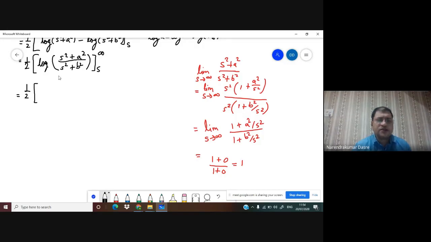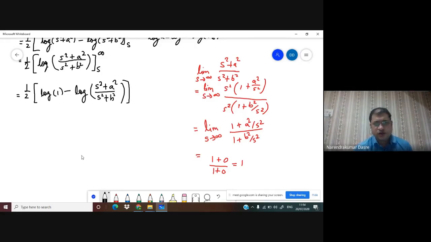If I replace s by infinity here, then this term is equal to 1. So we'll get log of 1 minus, since you are using the lower limit, log of s square plus a square upon s square plus b square.